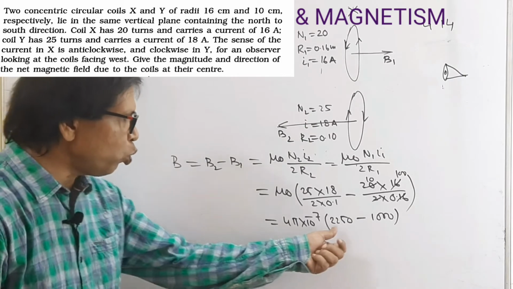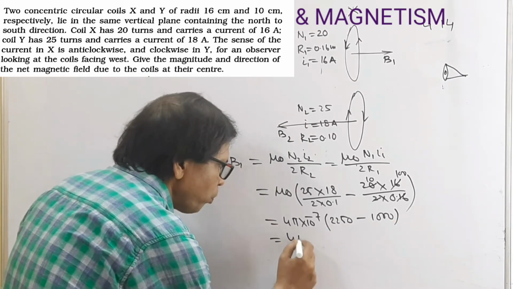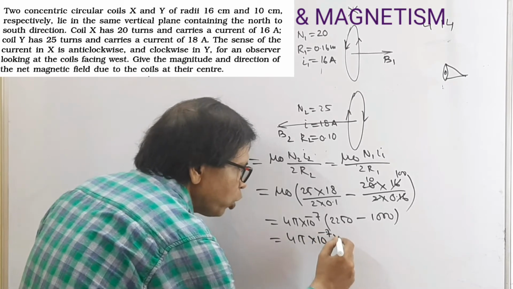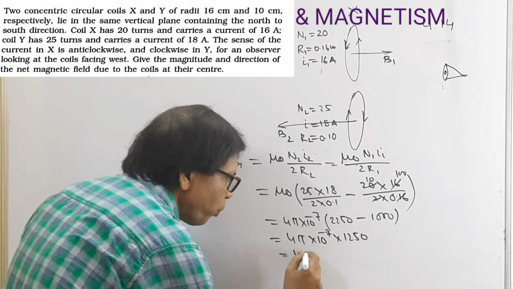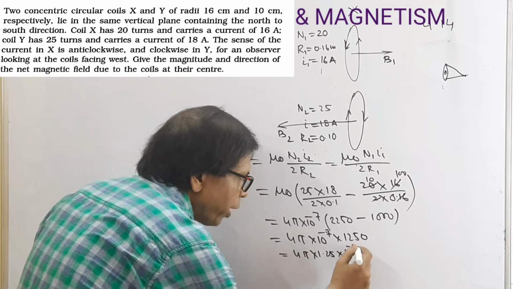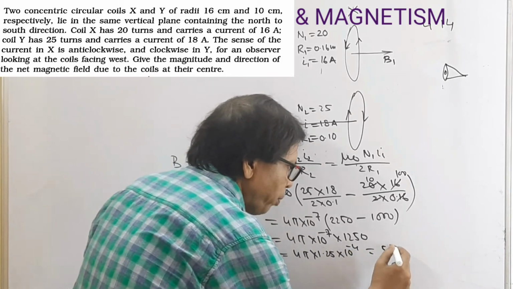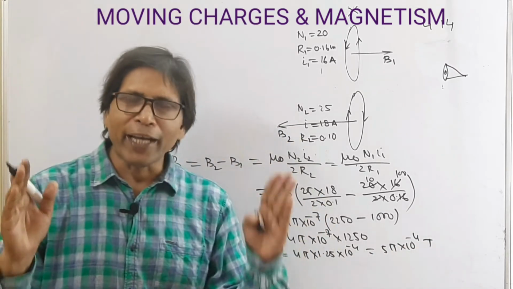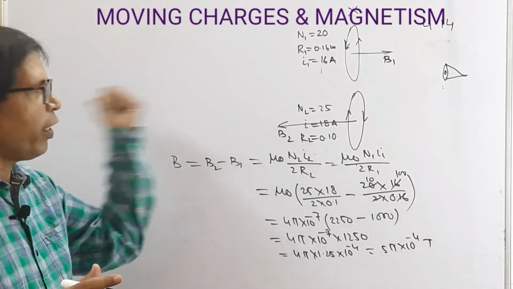Now 2250 minus 1000, so this is 4 pi into 10 to the power minus 7 into 1250. So this is 4 pi into 1.25 into 10 to the power minus 4. This is 5 pi. So 5 pi into 10 to the power minus 4 Tesla is the magnitude of the magnetic field directed along west.